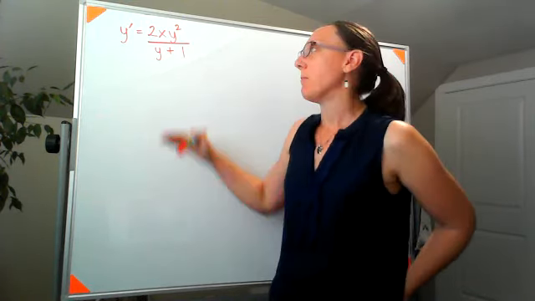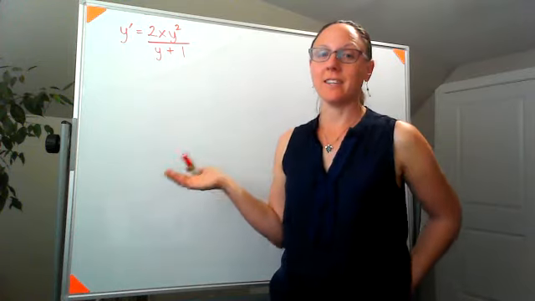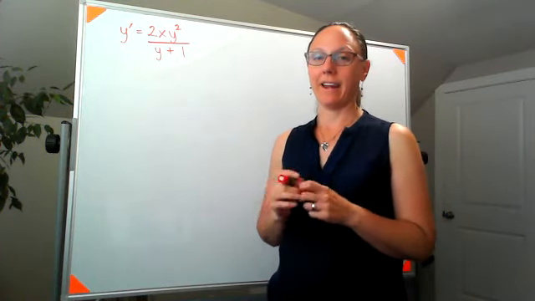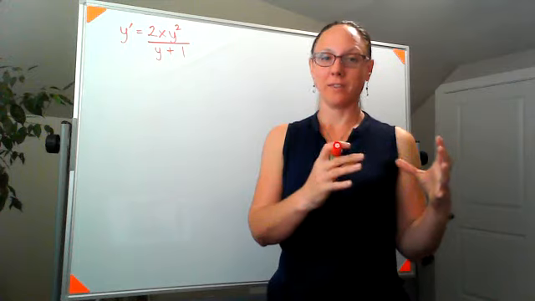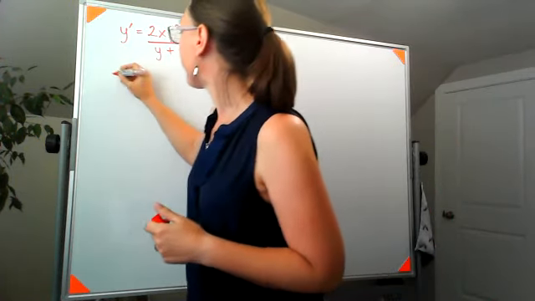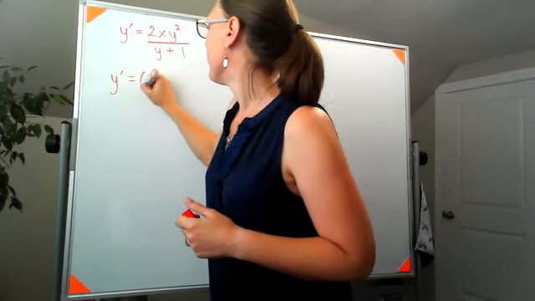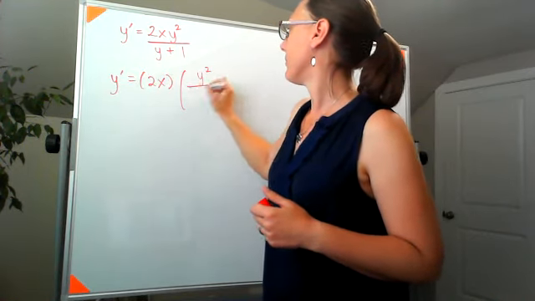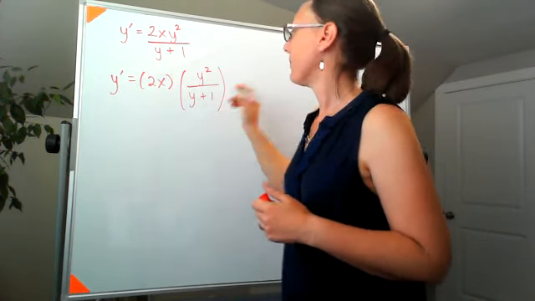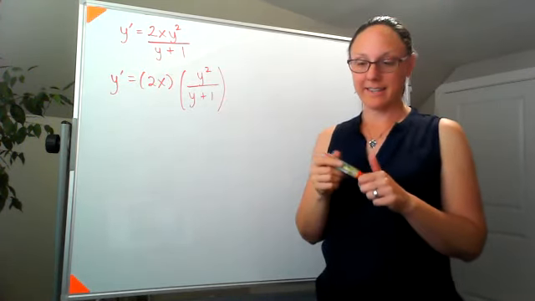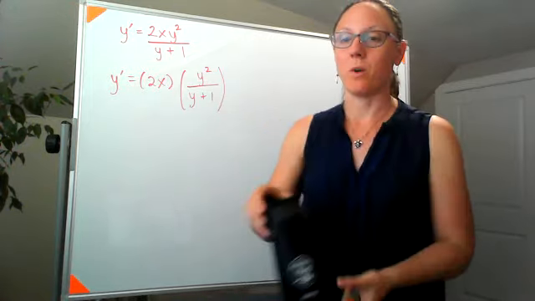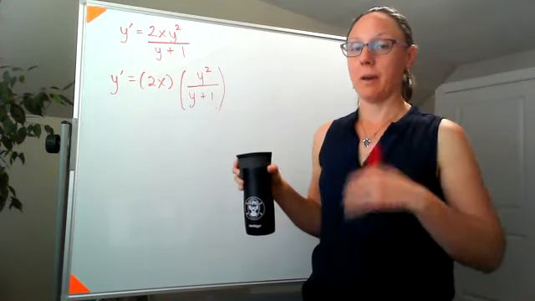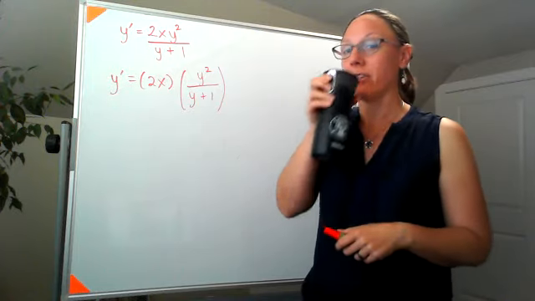Here, the reason that I know that it's separable is I can take that right-hand side and write it as something with x's times something with y's. Now that I've got this as something with x's times something with y's, and I know it's separable, I'm going to rewrite my y prime, get my y's on one side, my x's on the other.